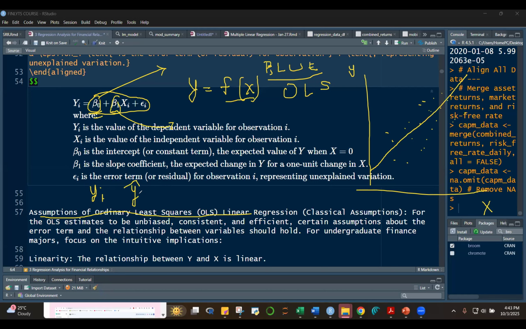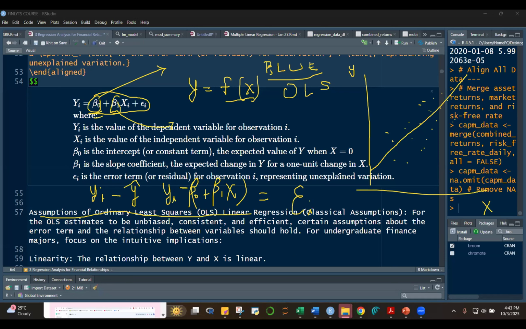Okay, and your y hat is actually equal to your beta null plus beta 1 times x, in this case because we only have one predictor. So the difference between your y sub i minus y hat is the same as the difference between your y sub i minus beta null plus beta 1 x, because this is your predicted value. And this difference is called your residual.